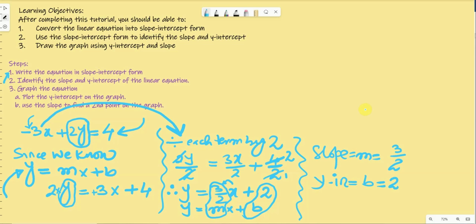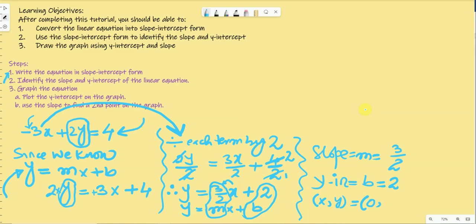Remember, y-intercept is the point where a line crosses the y-axis. So for y-intercept, x will always be 0. So what is the coordinate of y-intercept? X comma y. Remember, x is 0 for y-intercept, that's why I'm writing 0 here.